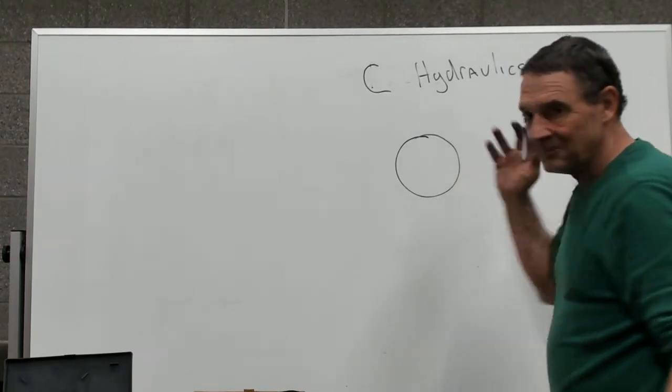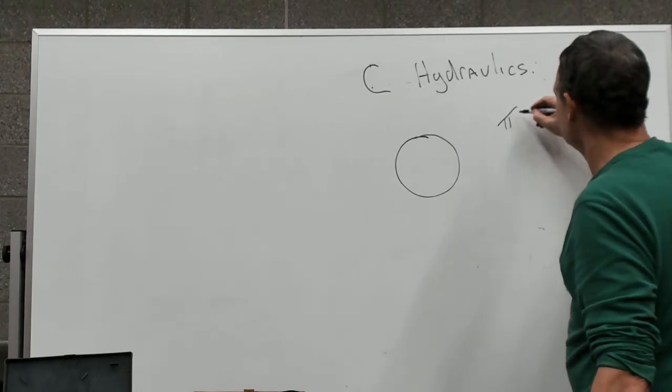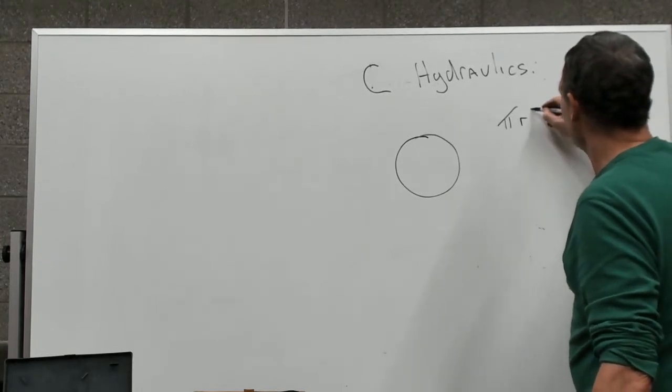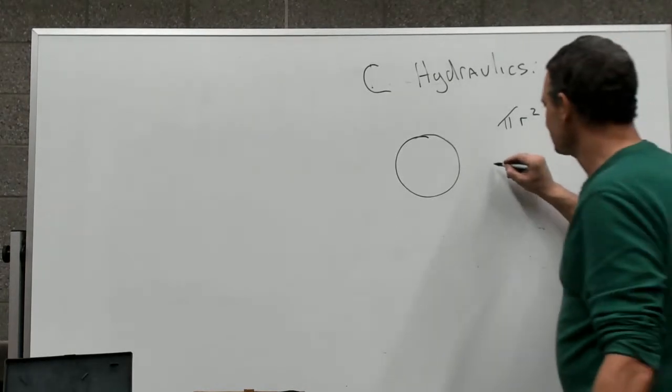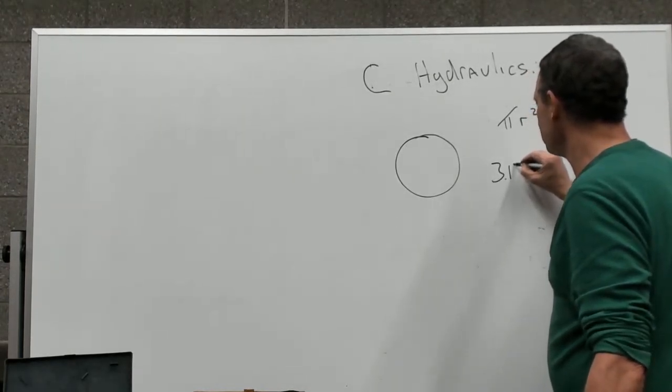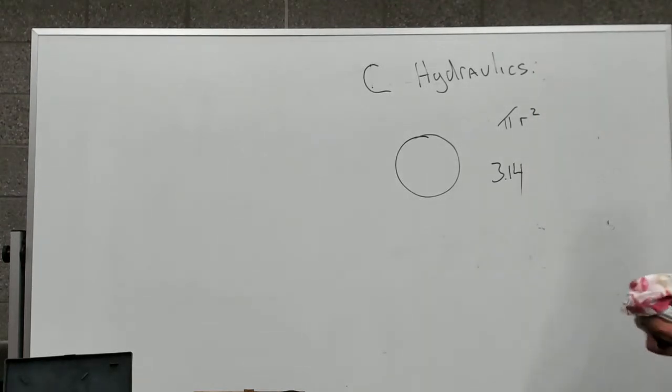Luckily I have a formula memorized: pi r squared. Pi is a constant, 3.14. It's always going to be 3.14. Maybe you can get it tattooed on your arm if you need it a lot, but you'll remember it if you practice.